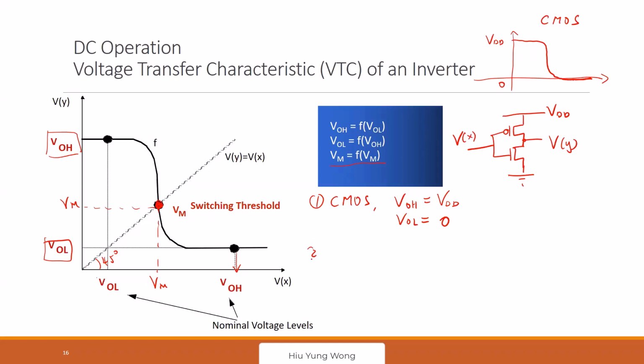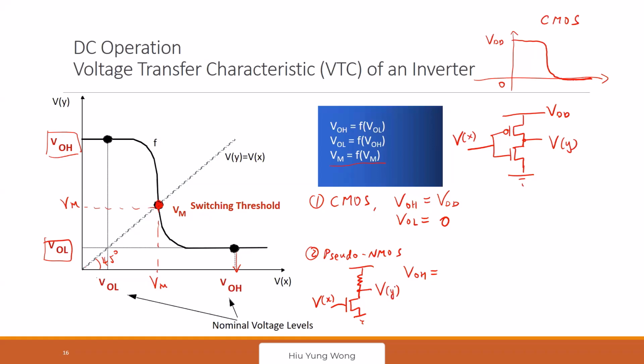But we have something called pseudo NMOS. We do use it sometimes. It just uses a resistor as the load. Now, can you tell me what is output high? VDD minus the drop at the resistor. Almost, but think carefully. I'm asking about output high.